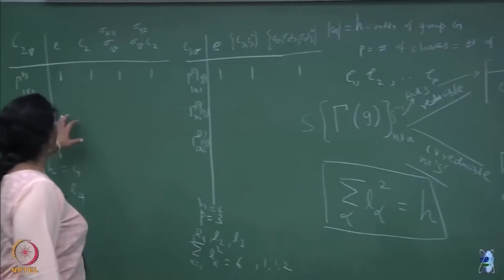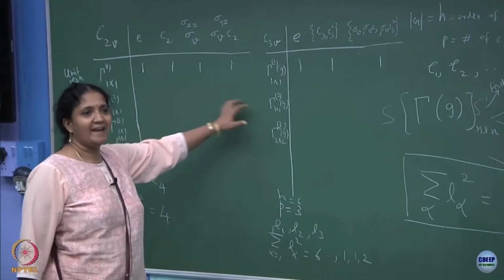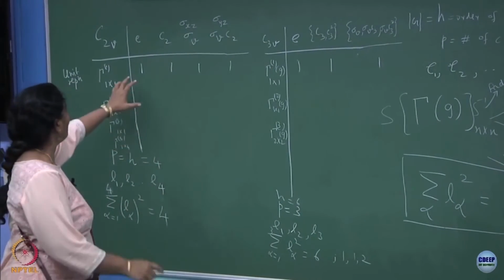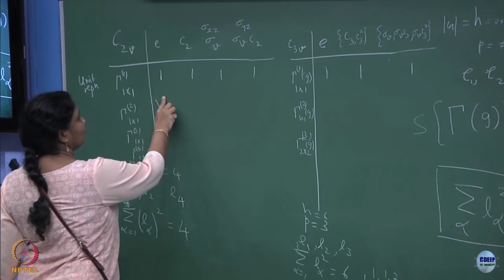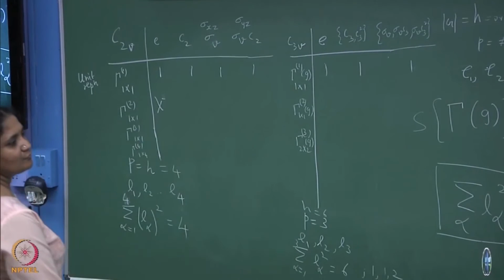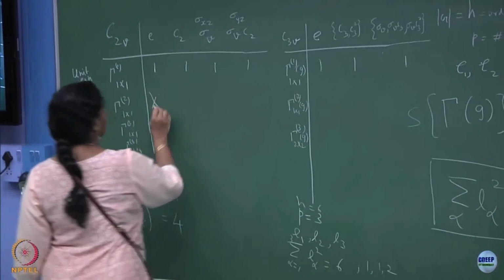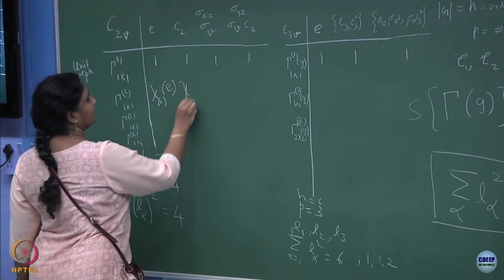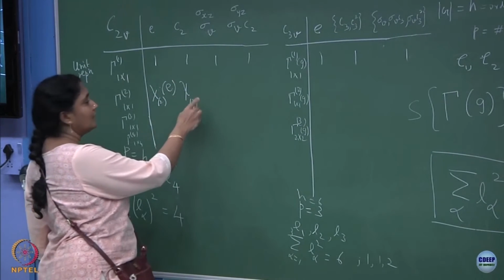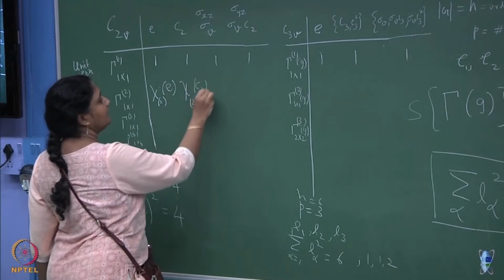Next thing is I need to fix these things, the characters. So, inside whatever I am writing, I have to write the character for representation 2. I do not know what notation I used here. So, I have used character for alpha 2 for identity element, character for the irrep for the C2 element and so on. Okay.